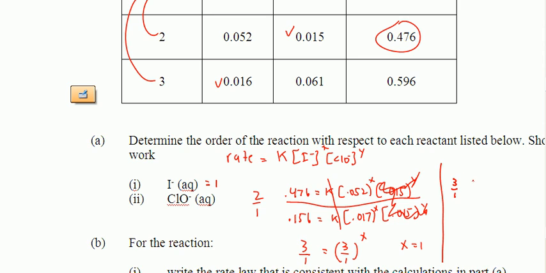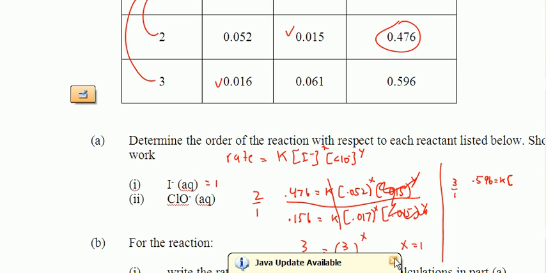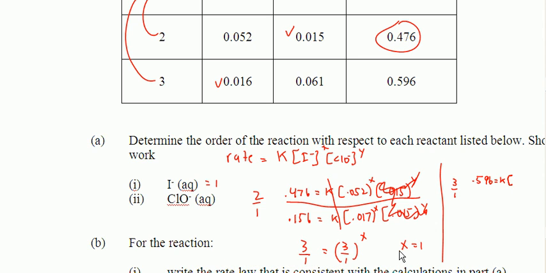So in 3, 0.596 is equal to k multiplied by 0.016 raised to the x power multiplied by 0.061 to the y power, these are coming from here, sorry I don't have much room here, over 0.156, which is equal to k times 0.017.